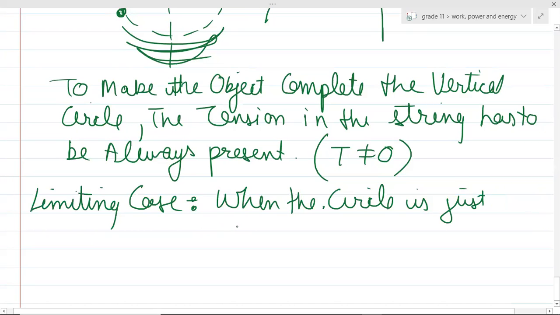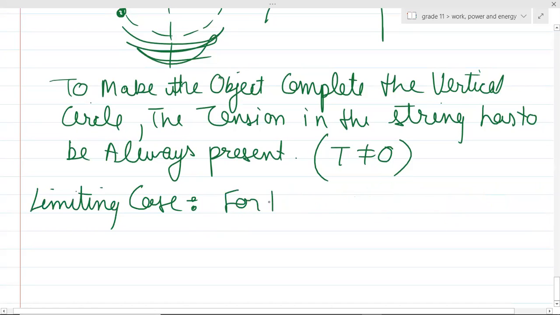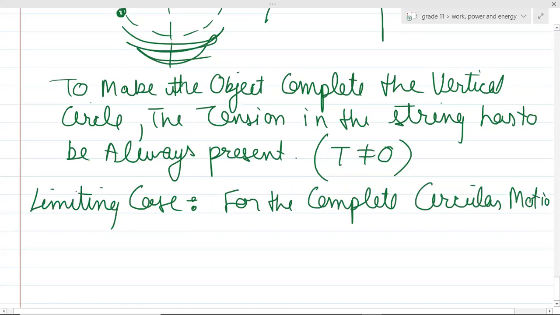What is the minimum condition for the complete circular motion? And which circular motion am I talking about? I'm talking about the complete vertical circular motion.